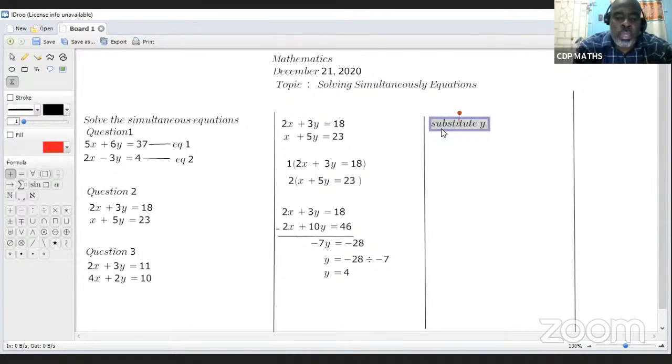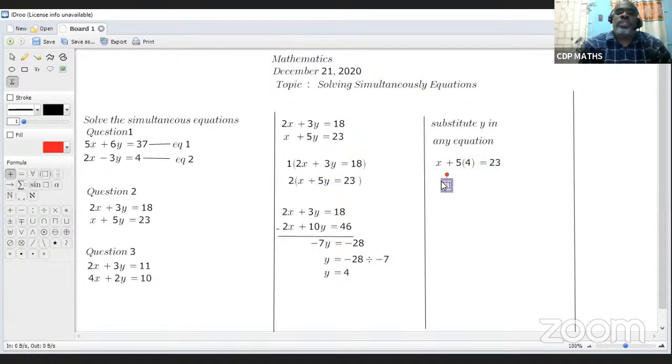So now we're going to substitute y in any equation. All right, so let us use equation 2, the easier one. So x plus 5 times 4, replacing y with 4, is equal to 23.